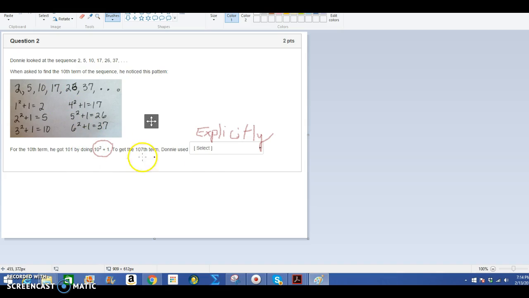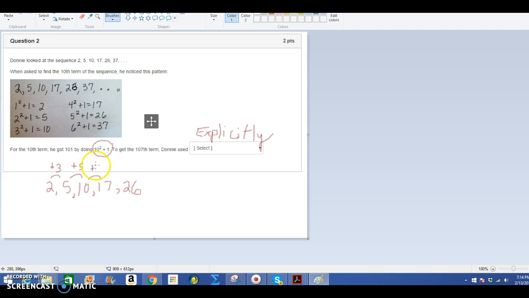That's explicit. Now, he could have also done it recursively. I'm not saying he did. I'm just trying to make a point here of the difference between the two, so that's why I'm taking the time to do this. It would have taken him forever and a day, especially writing as slowly as I am. For the recursive pattern, we've got a plus 3, a plus 5, a plus 7.